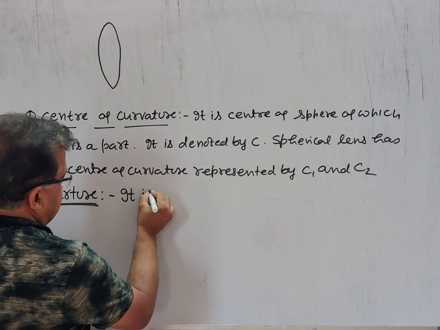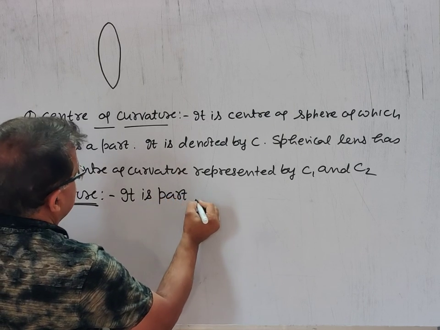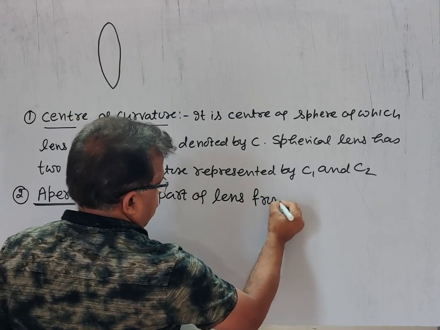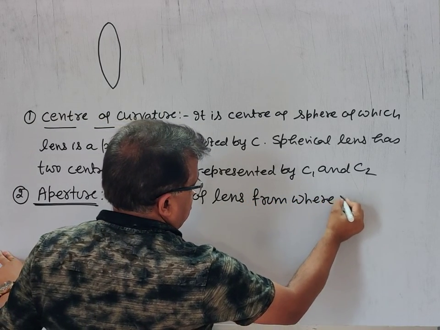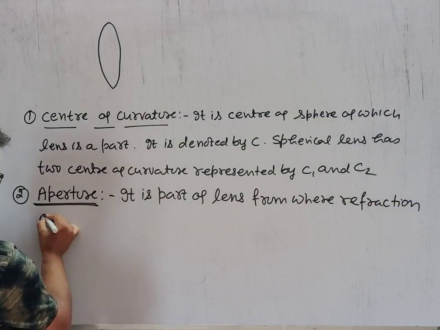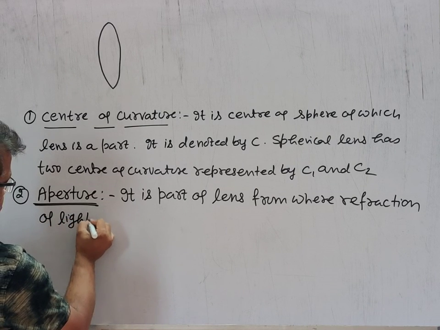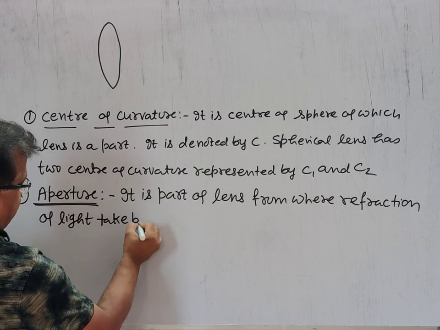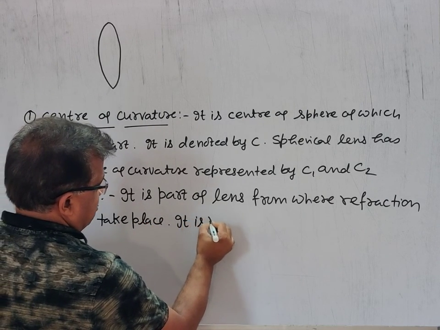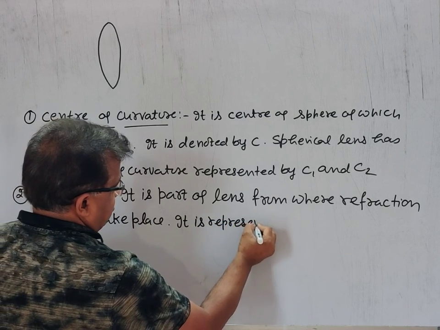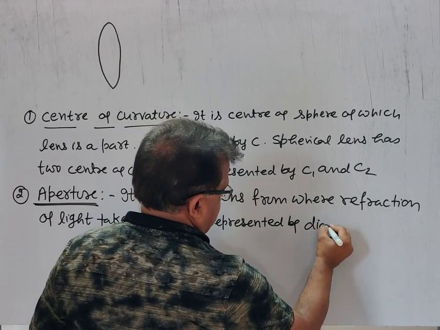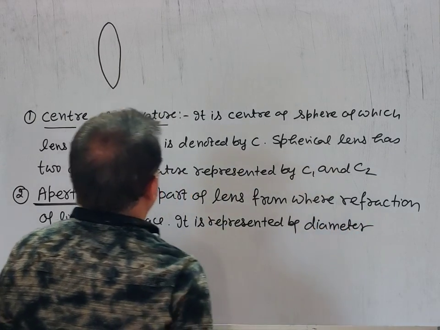We also study aperture. It is the part of the lens from where refraction of light takes place. It is represented by the diameter.